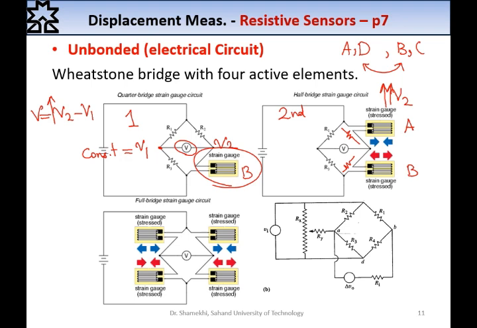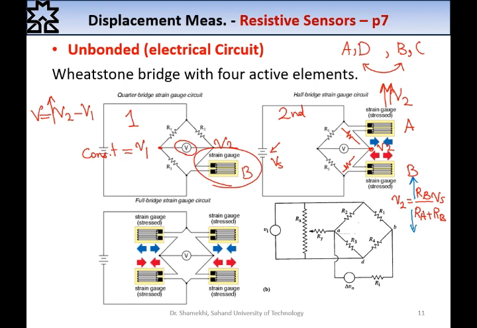Remember that V2 here is RB divided by RA plus RB, times VS. Increasing RB and decreasing RA will increase V2 two times.